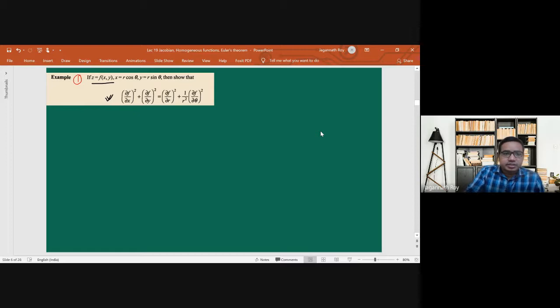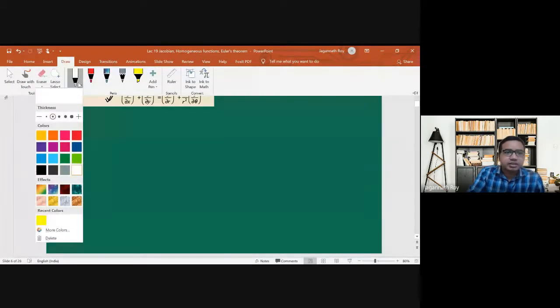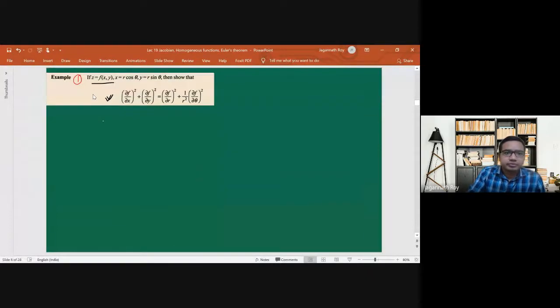So here one given function is there. Z is a function of x and y, where x is a function of r, theta, r cos theta, and y is r sin theta.